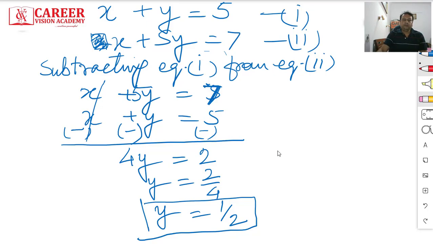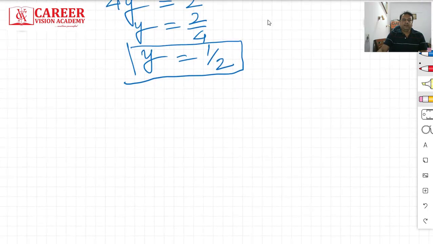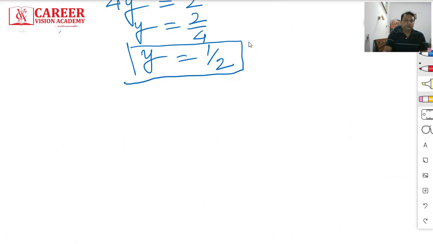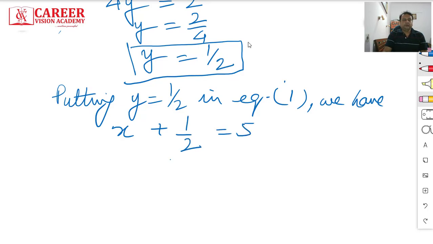Now how to get the value of x? We have already got two equations. Now I can put this value of y in equation 1 or 2, any of them. I am putting it in 1. Putting y is equal to 1 upon 2 in equation 1, we have x plus 1 upon 2 is equal to 5. Again, this is a linear equation in one variable, so you can get the value of x easily. x is equal to 5 minus 1 upon 2.